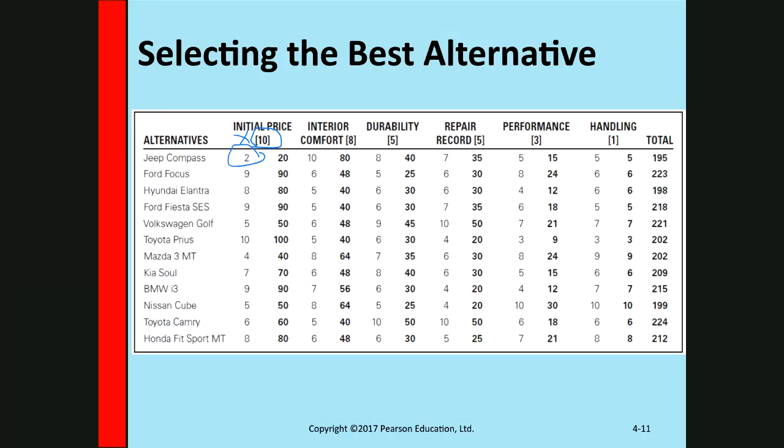We just need you to explain. For the initial price, you multiply and it equals 20. Comfort equals 80. Durability equals 40, and so on, and you have a total amount here. You do the same for the rest, and you will get a total of all these figures.